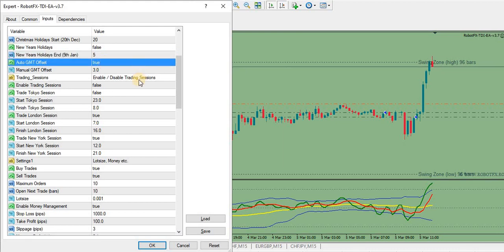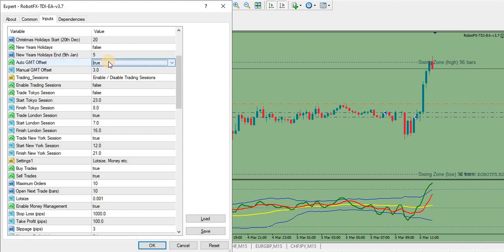There's an option to enable or disable trading sessions, and for this you will need to set the auto GMT, Greenwich Mean Time, to true if you are trading. And if you are not using the Expert Advisor to test in the strategy tester, you probably want to set this to true and leave it as it is.